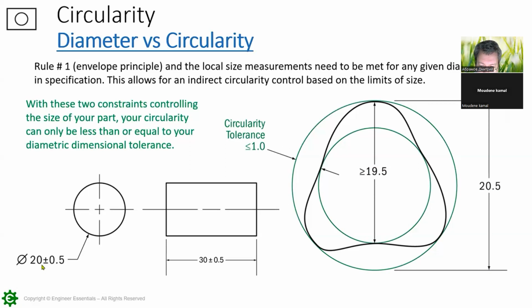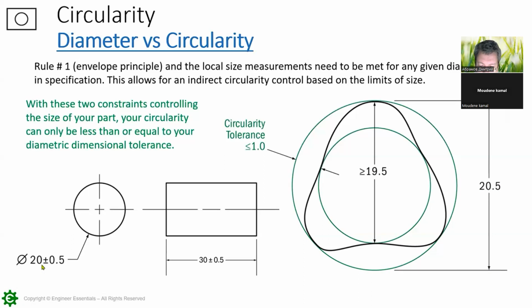And that might indicate that you need to go back and add circularity as a refinement of rule number 1 to this to make sure that it can't get as bad as what we're showing here. Because it's 1 millimeter, for some of you that may be a reasonable tolerance. For a lot of others, that would be considered a very sloppy size tolerance.